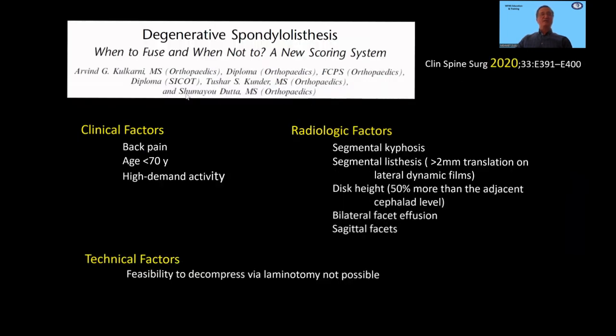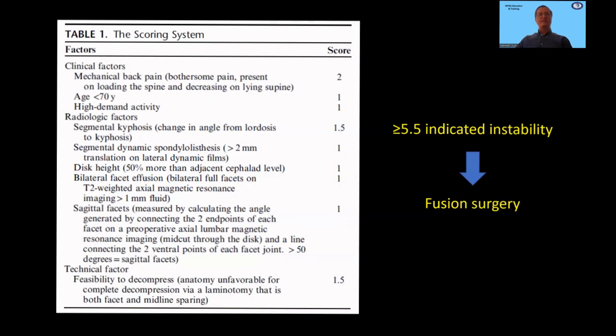Spine Committee. Since the factors for decision making, whether we must make a fusion or not, is so complex, there are some surgeons who have tried to make a staging system, and according to the scoring system, if there is more than 5.5, those cases will need a fusion surgery.